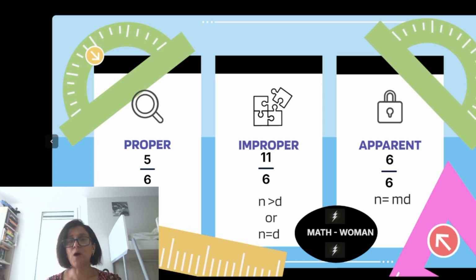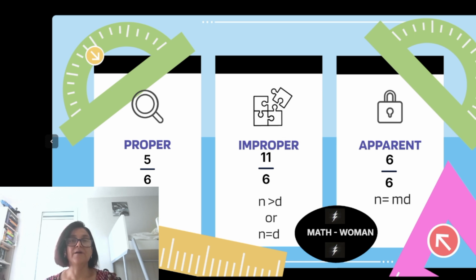fractions we have also apparent fractions, which seem to be fractions but they are natural numbers. For example, 6 over 6 equals 1 because 6 divided by 6 equals 1.